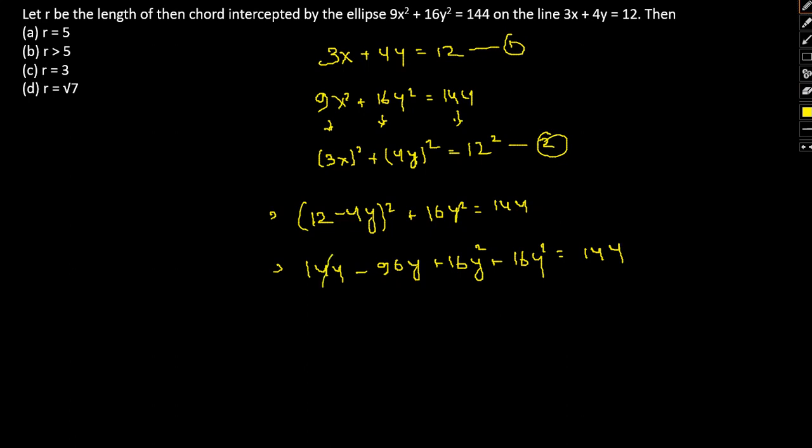Now these two terms get cancelled, so 32y square would be 96y, so therefore y will be 0 and 3. Similarly x: when y equal to 0, x will be 4, and when y equal to 3, 3x is 12 minus 12, so x will be 0. Okay, so these are the two solutions we get.